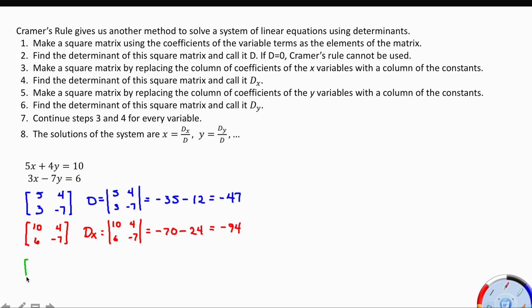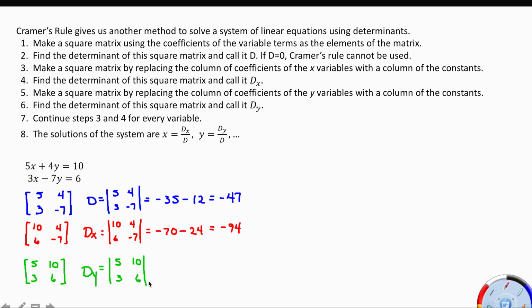Now I'm going to make a matrix where I replace the coefficients of the y variable with the solutions. And I'm going to call its determinant d sub y.